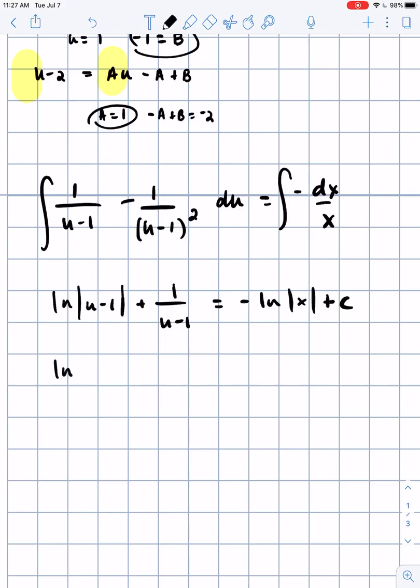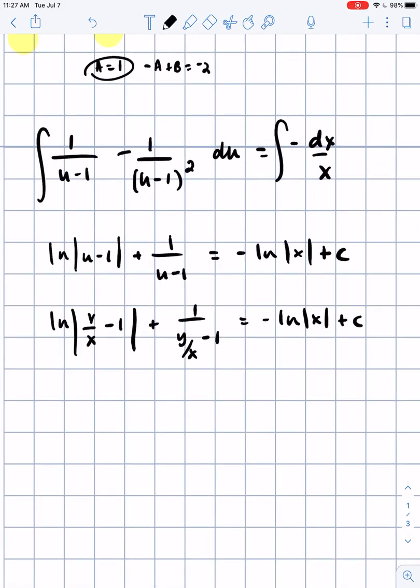And now we have to substitute back in our y over x. So we have ln of y over x minus 1 plus 1 over y over x minus 1 equals negative ln of x plus c. You could do a couple things simplifying, right? If you add ln x to both sides, it'll cancel out on this side, giving us c here, and then this is a multiplication property inside because you're adding two natural logs together.